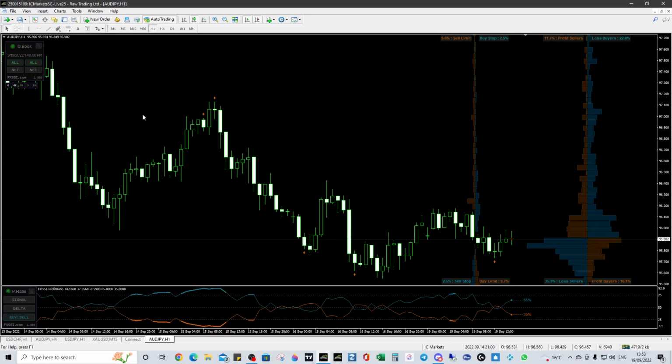One last thing I need to say is how this 65%, 35% is made up. Obviously it equals 100%, but that's a breakdown of the profitable traders. It examines the profit buyers, which is 16%. It's low, but it could be worse. And the profit sellers is 11.7%.